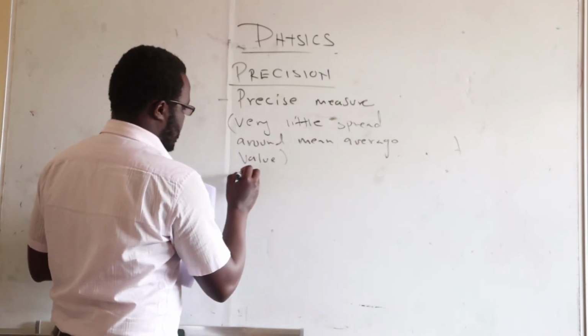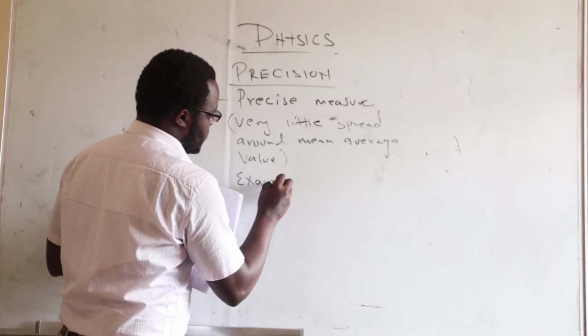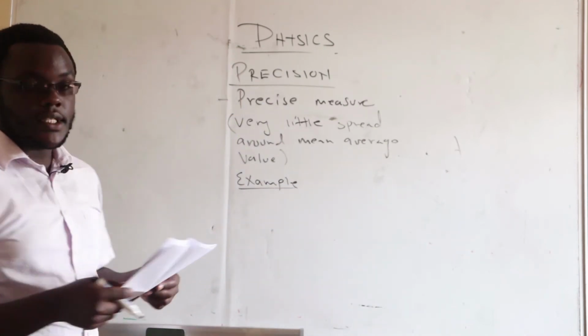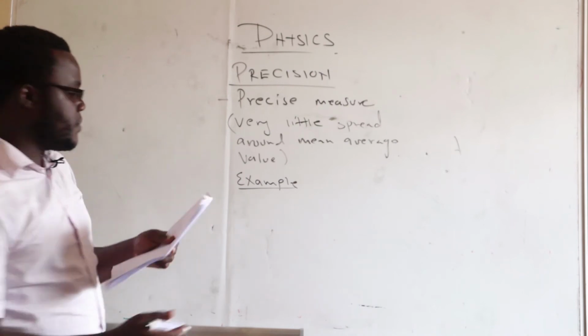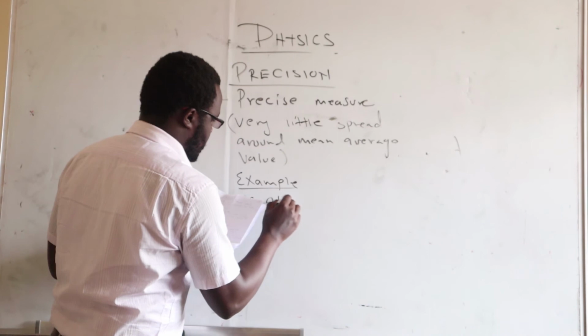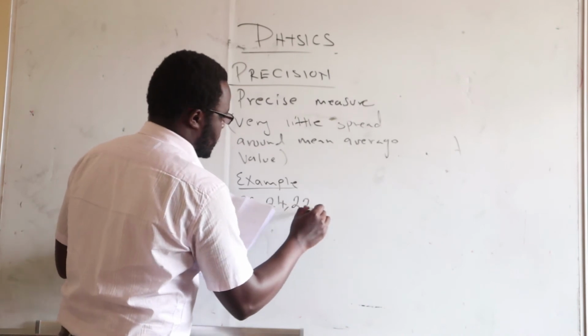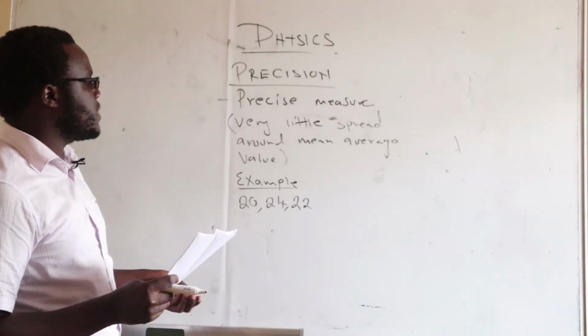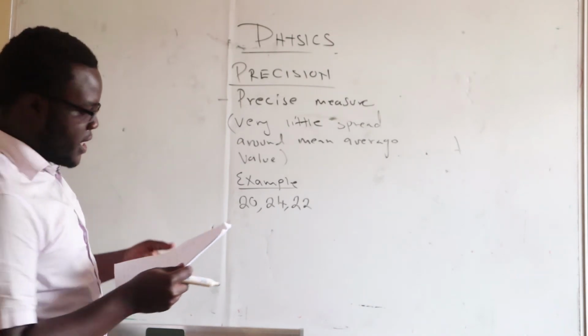Now, look at this example. After some sample was taken, the following were the outcomes: 20 units, 24 units, and 22 units. From that sample size, can we find the precise measure?